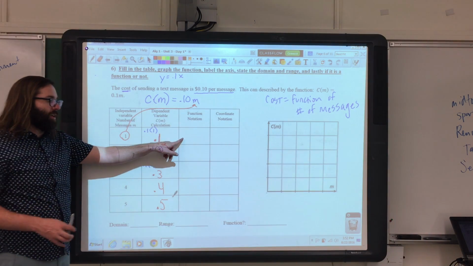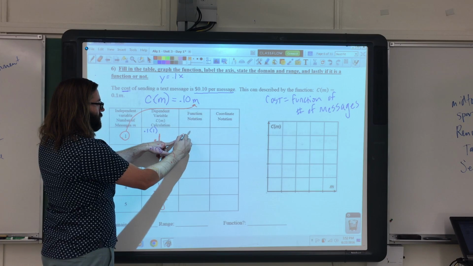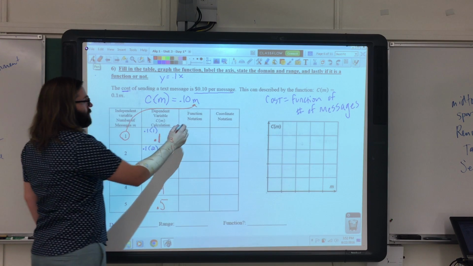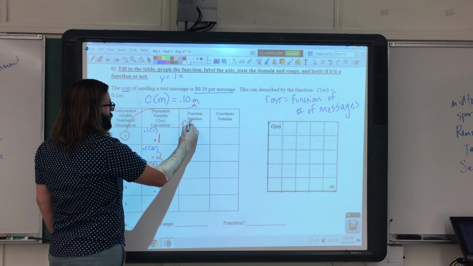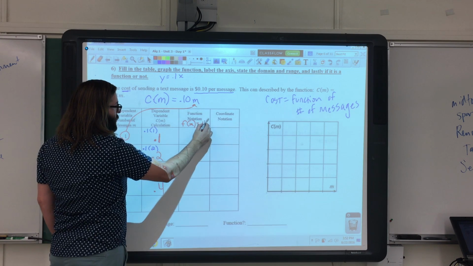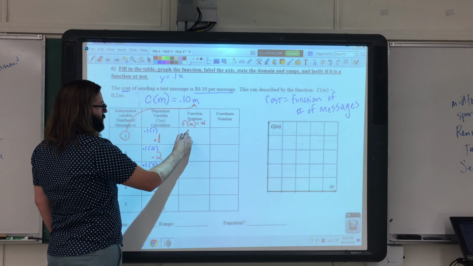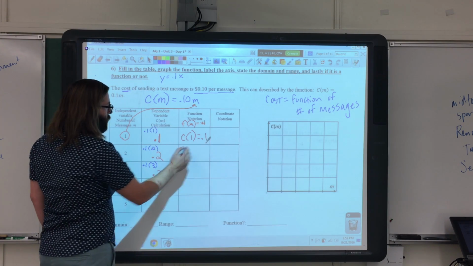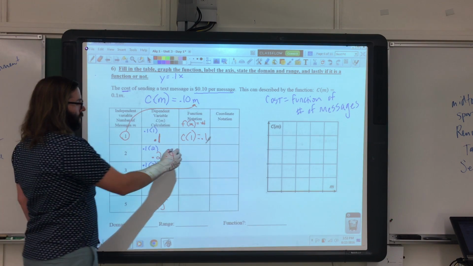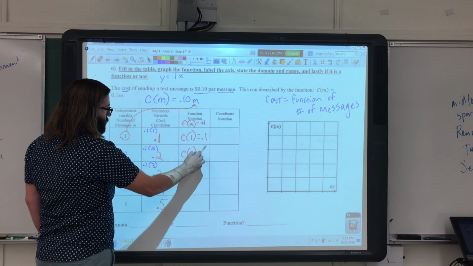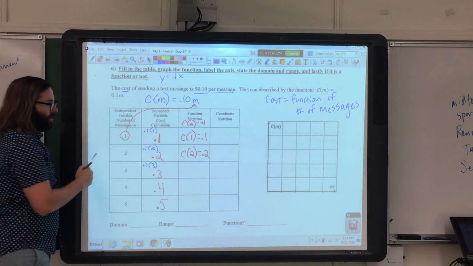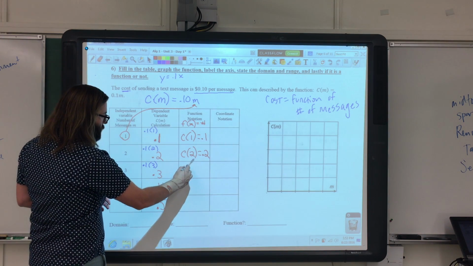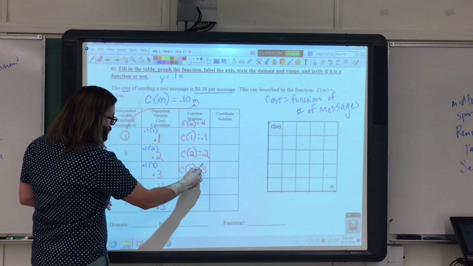Let's write this in function notation. Actually, let's do it real generic. So it's f of m equals some number. For us, the cost of one message is going to be 0.1. The cost of two messages will be 0.2. Cost of 3 messages is equal to 0.3.